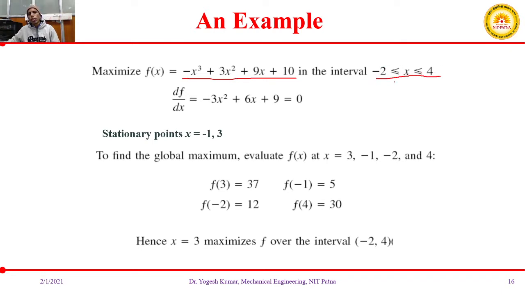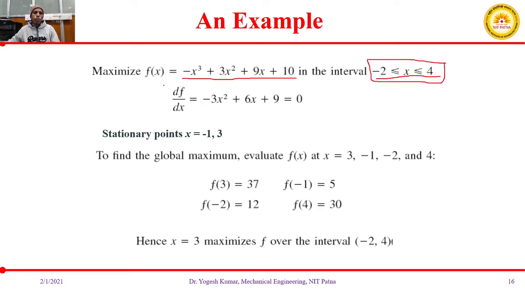So minus 2 is less than or equal to x, which is less than or equal to 4. Your x will vary from minus 2 to 4. This is your given interval.